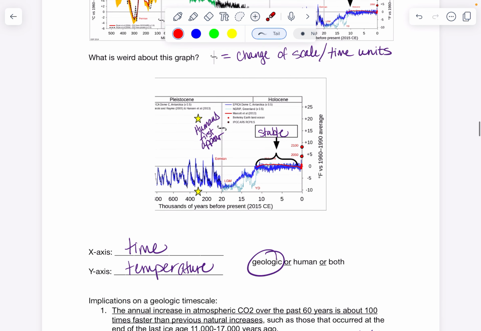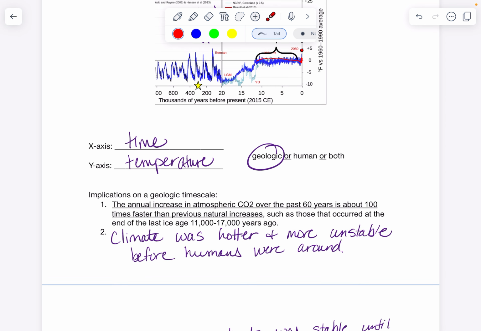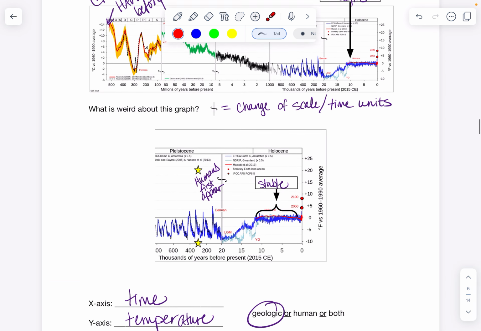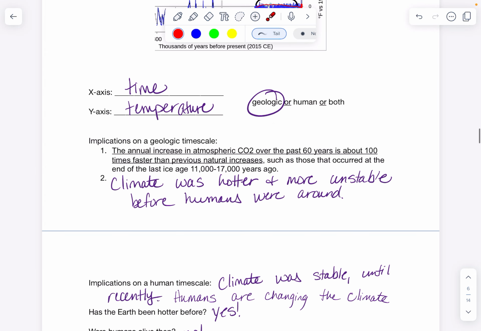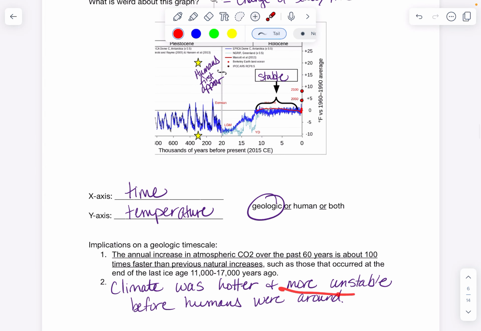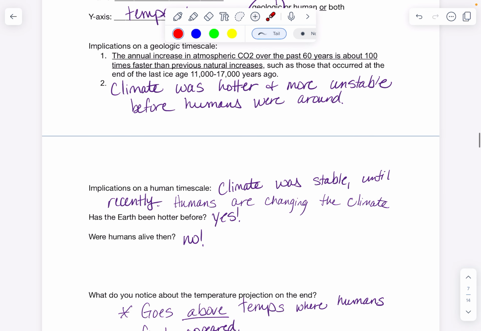This one's pretty much geologic time, but what we want you to take from this is that carbon dioxide is going way faster than it has in the past. The climate was both hotter and colder and more unstable before humans were around. But on that human time scale, the climate was stable until recently. So humans are changing that climate.